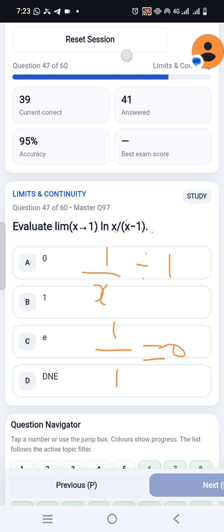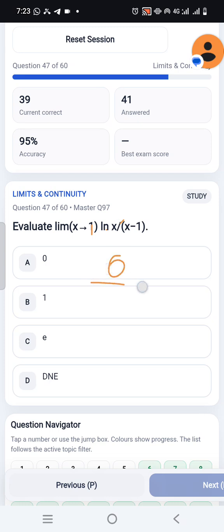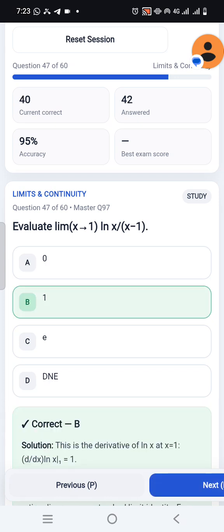And mind you, why I can use that is because I've tested my x equal to 1 and I see that ln 1 is equal to 0 and at the same time 1 minus 1 is equal to 0, which is indeterminate. That is why I use L'Hopital's rule. So don't be too relaxed to just be using it if the numerator and denominator are not equal to 0 or not equal to infinity. So my answer is 1.